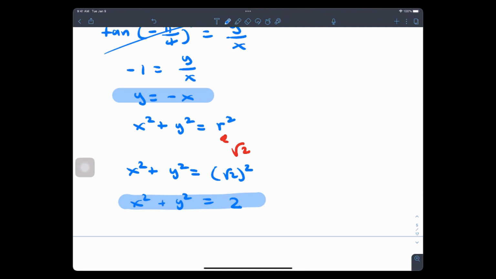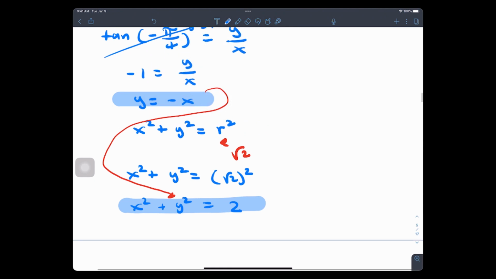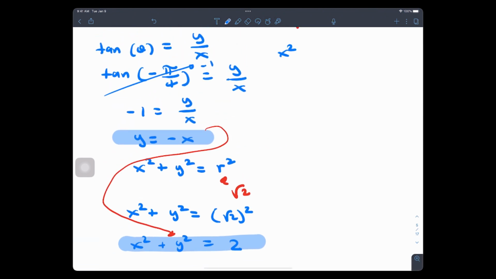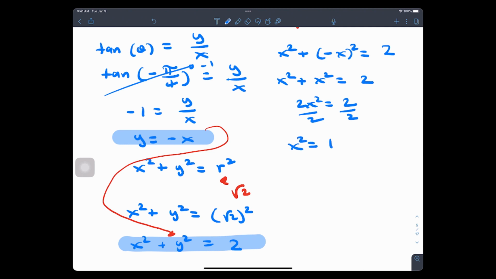So what do you guys do now? What have we done before? We just substitute for the y negative x. So you say, does that give us x squared plus x squared will be now 2? And the answer is yes. So x squared plus x squared is 2. 2x squared is 2. Divide both sides by the 2. We get the nice quadratic x squared is 1.